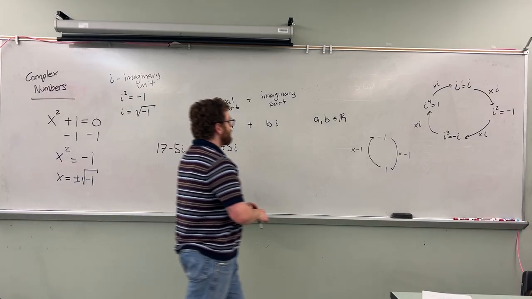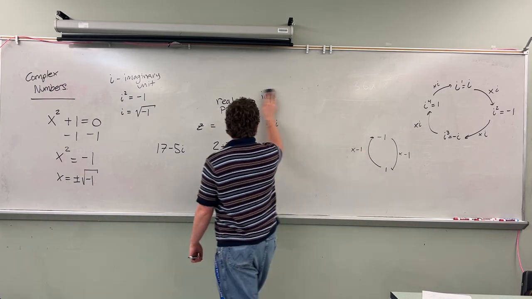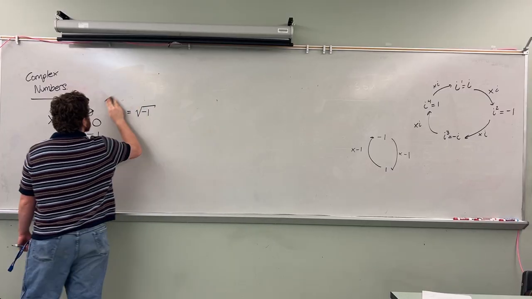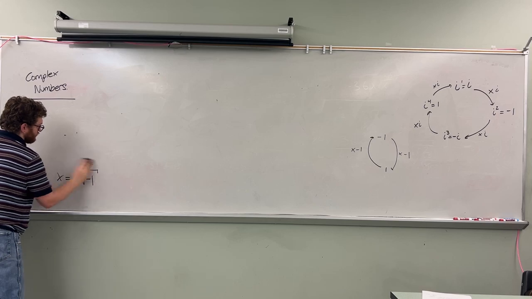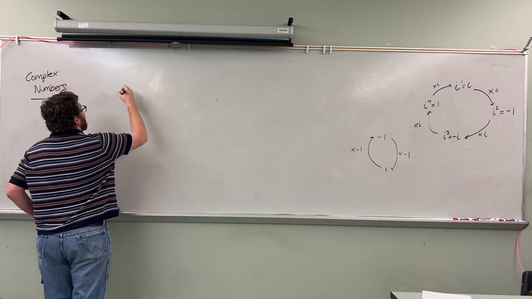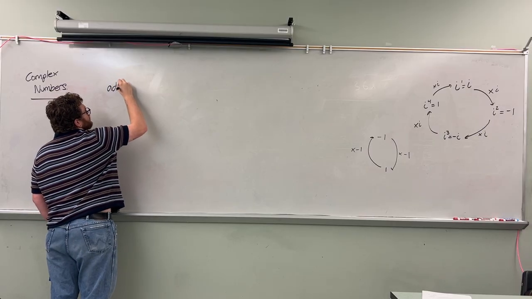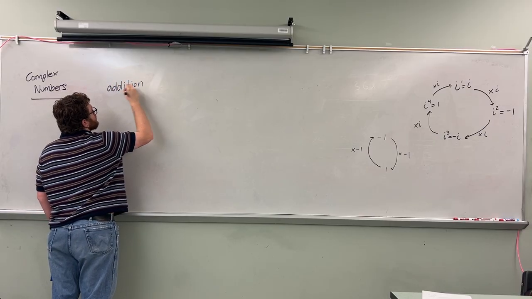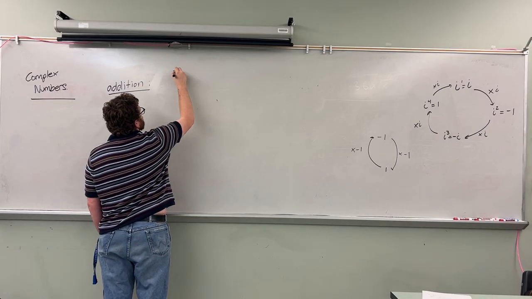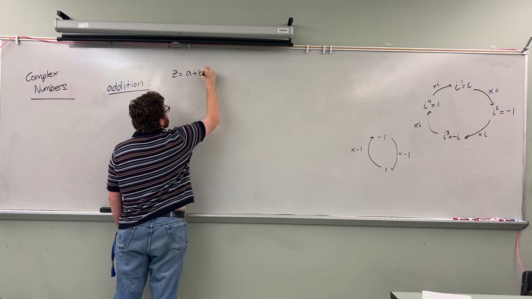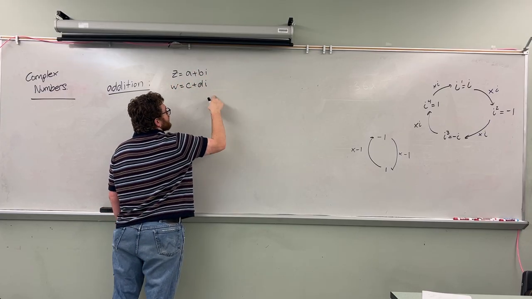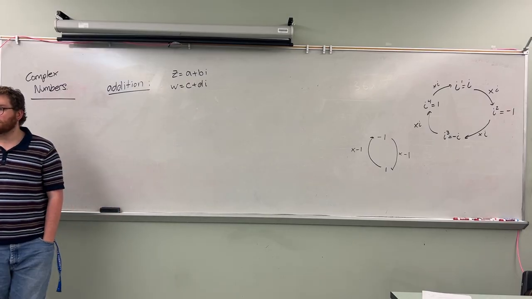So now we can talk about the basic operations of complex numbers. First, addition. If I add two complex numbers, maybe I have z equals a plus bi and w equals c plus di. These are just two complex numbers.